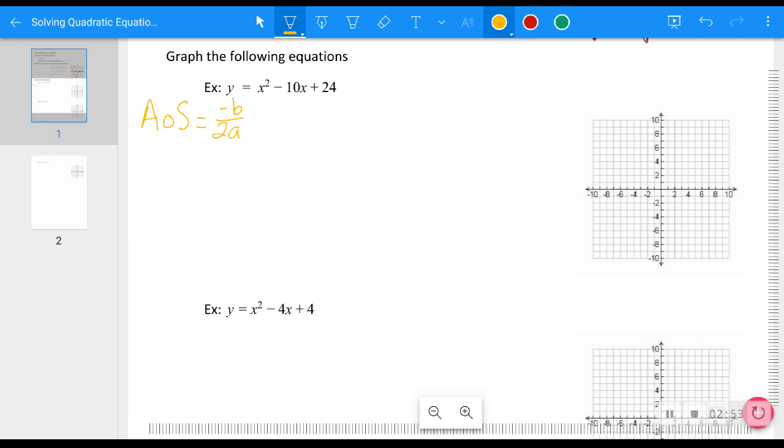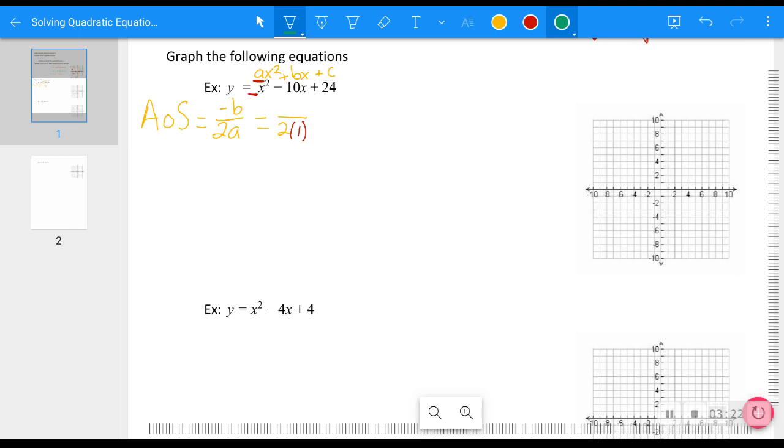So again, we have ax squared plus bx plus c. Here, our a value is going to be the number out in front of x squared. In this case, our a value is just 1. If there's nothing out there, remember there's always a 1.